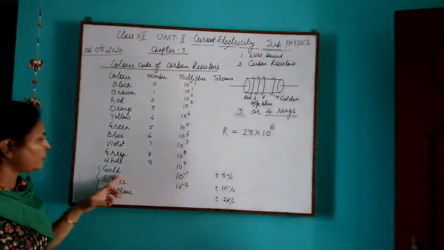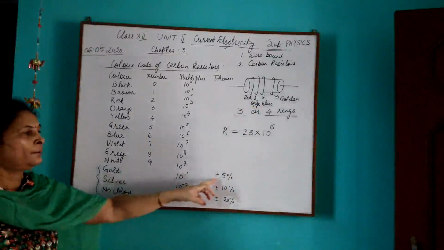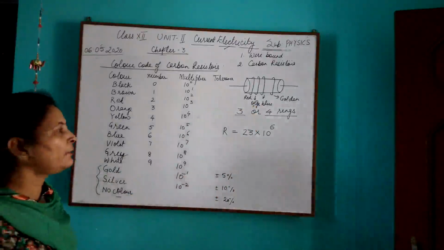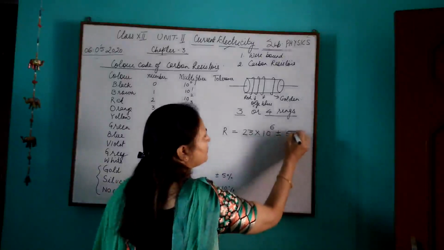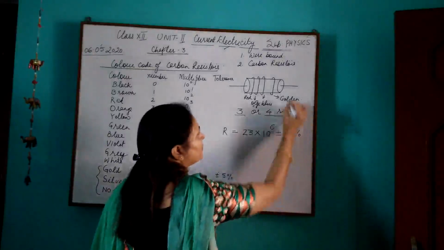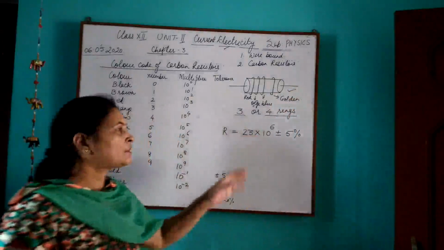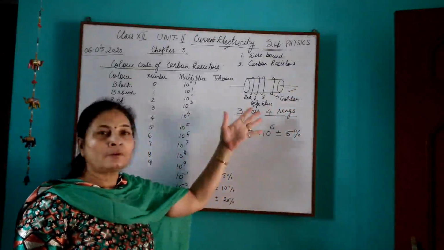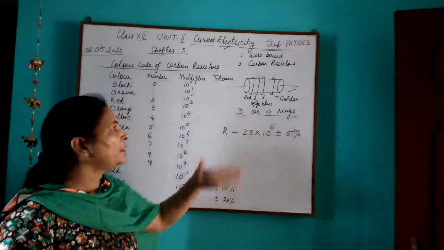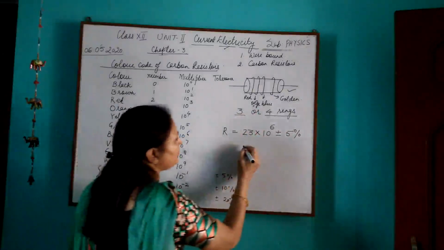Golden is having a tolerance of plus minus 5%. So this resistor has got this value. I'll repeat it for one more resistor so that it will be very clear. Let us consider one more resistor.